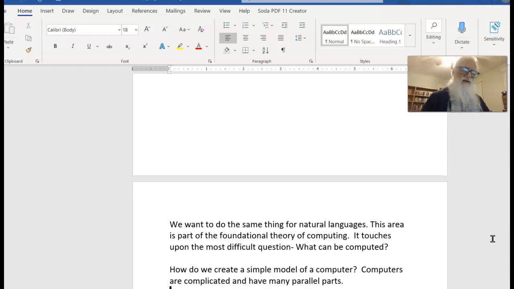Now, this whole area of recognizing languages is really at the foundation of computer science, the theoretical foundation, because it really touches on the most important question: what can be computed? We can't say everything.